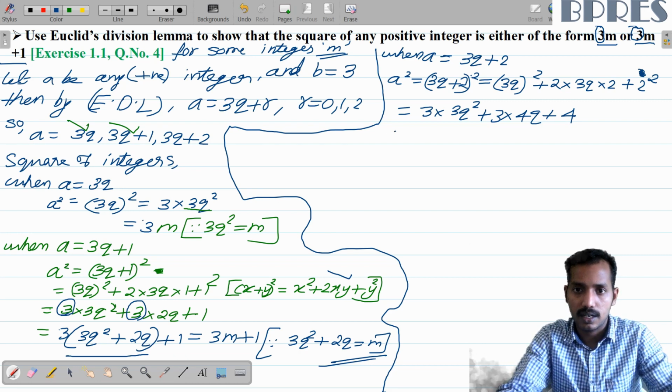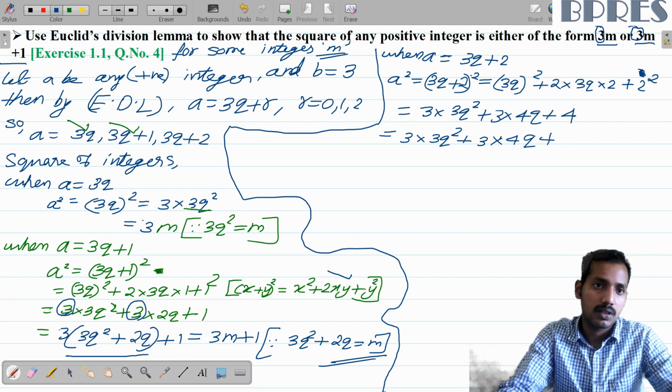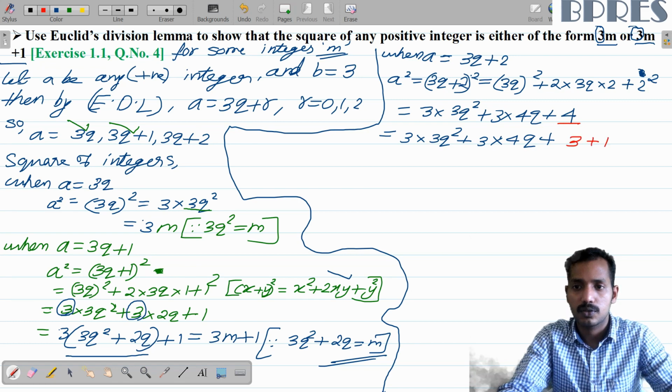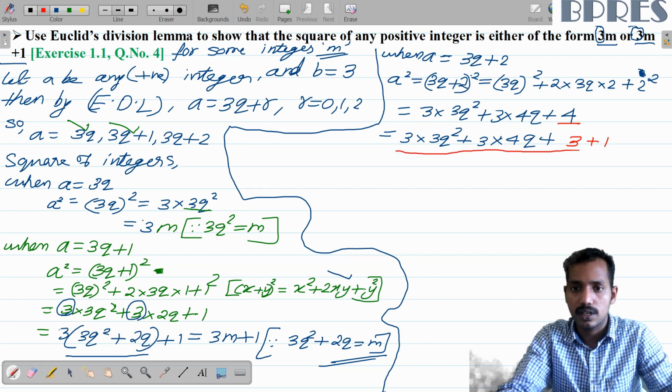So we have to modify this 4 into the available option. For that we can again modify this as 3 into 3q square plus 3 into 4q plus, this 4 we are going to write as 3 plus 1. Now see here, in all these first 3 terms, 3 is common.